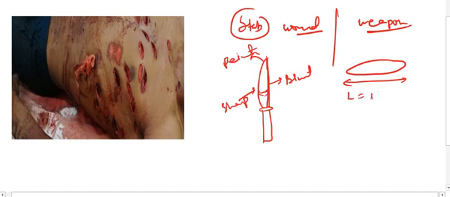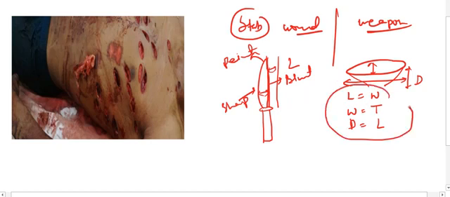Length is equal to the width of the weapon. Then the width of the stab wound is equal to the thickness of the weapon. Now the depth of the stab wound is equal to the length of the blade that has entered into the body.